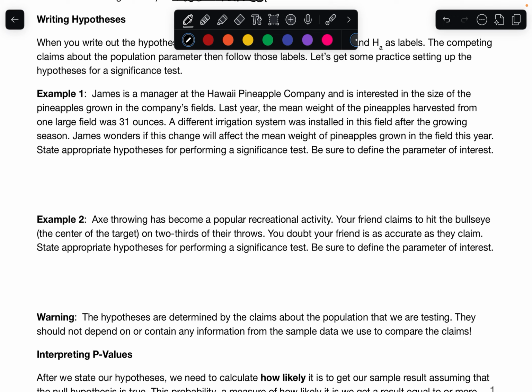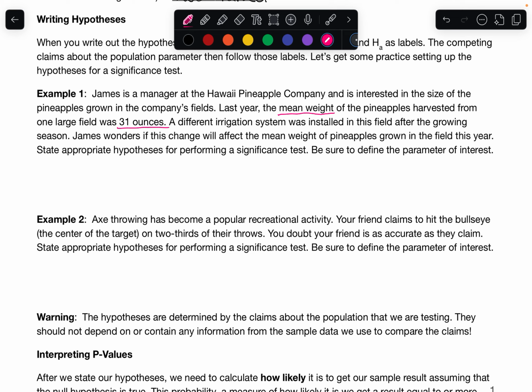So picking through that word problem, the first thing I see is last year, mean weight, 31 ounces. So I know that I'm testing a claim about a mean and that the claimed value is 31 ounces. As we keep reading, it says different irrigation system.